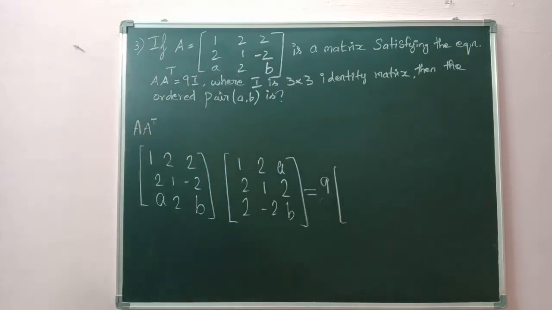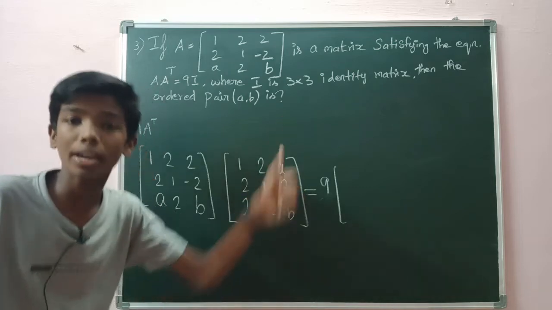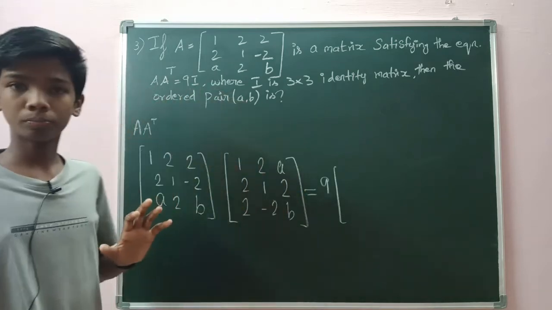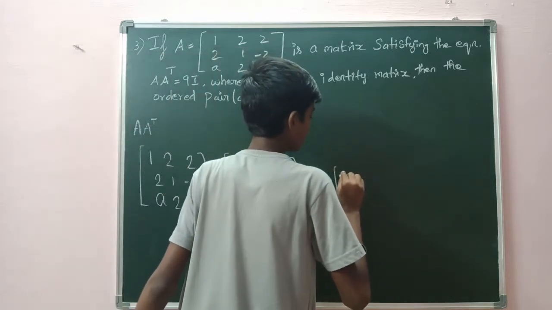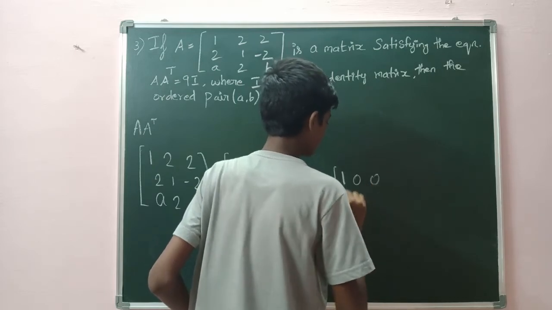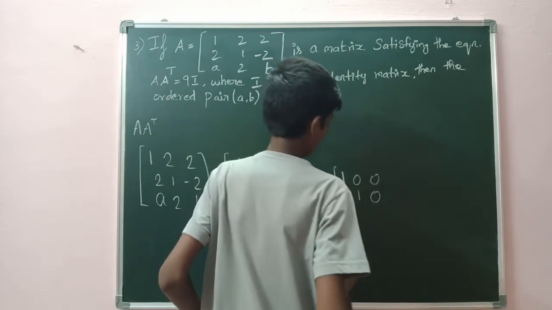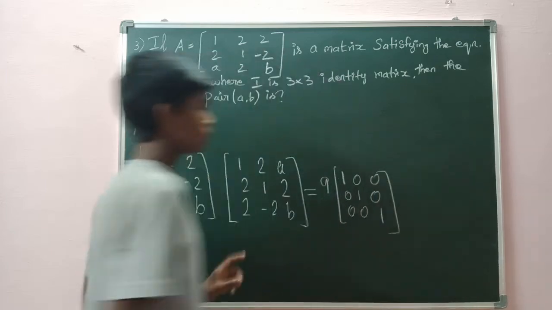What does it mean by identity matrix? Identity matrix means your diagonal elements are 1 and except them all are 0. So that is a 3 cross 3 matrix. I can write it as 1, 0, 0, 0, 1, 0, then 0, 0, 1. This is your identity matrix.